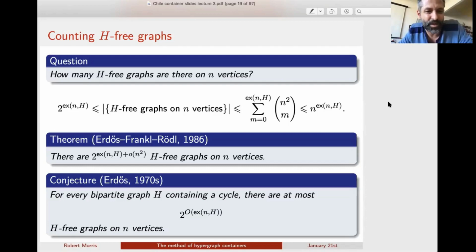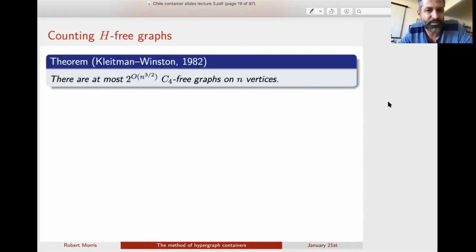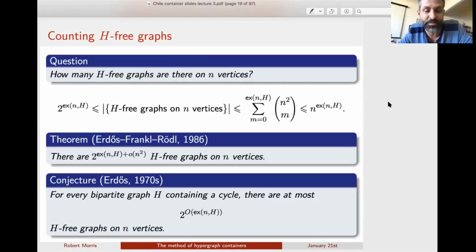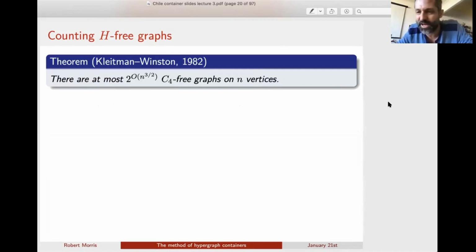The first result in this direction was actually before Erdős, Frankl, and Rödl. This conjecture of Erdős was proved true for perhaps the simplest bipartite graph that contains a cycle, the cycle on 4 vertices.